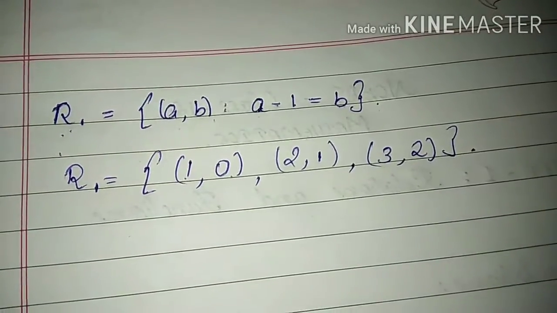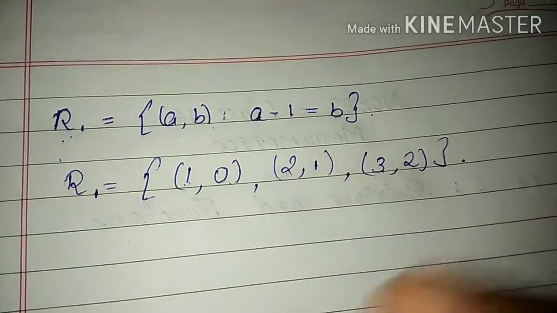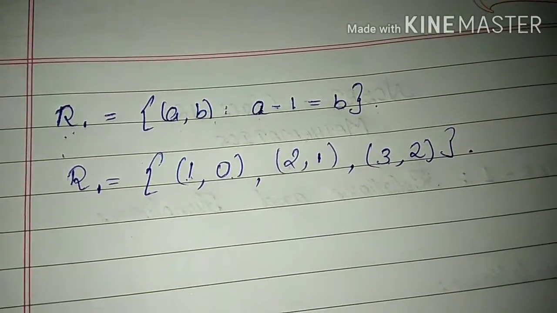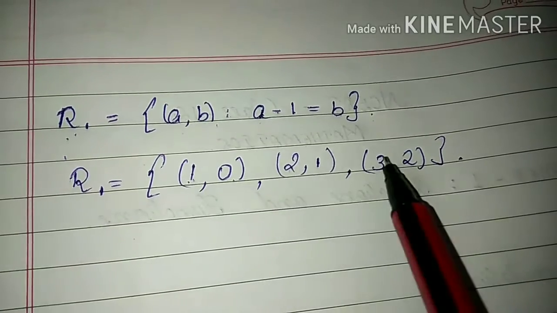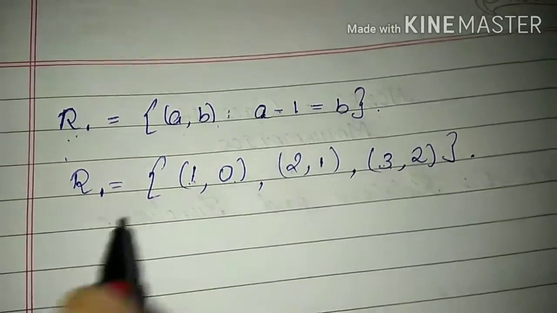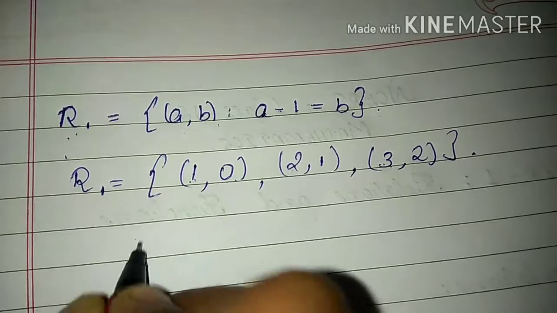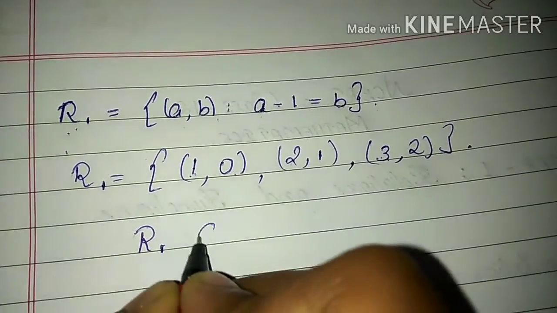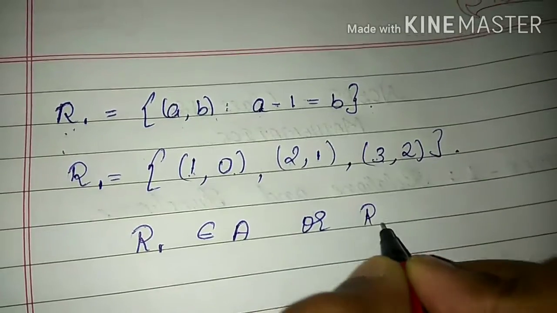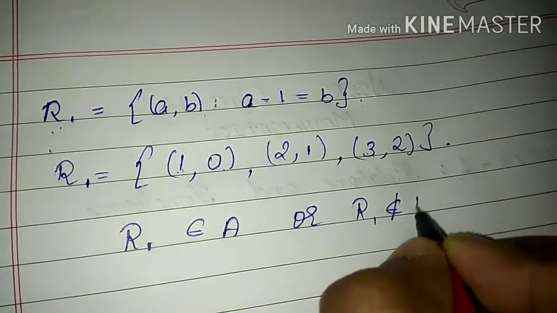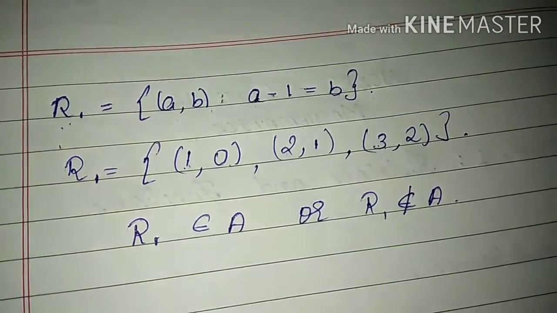This is the relation. In the set A, we have 3 elements, that is 1, 2 and 3. So we have taken A as {1, 2, 3}. Let's check whether R1 is a subset of A cross A or not.